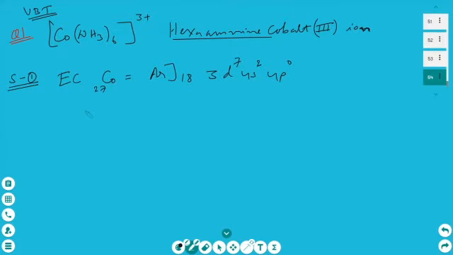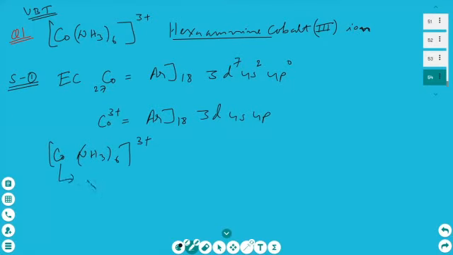Now, you know that its oxidation state is 3+, cobalt 3+. So you have to write its electronic configuration in this form: 18, 3d, 4s, and 4p. Now, how is it 3+? You see here, this is cobalt, this is NH3 6 times, and this is 3 positive charge.